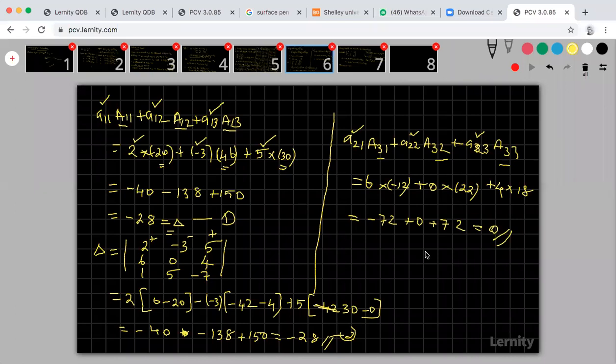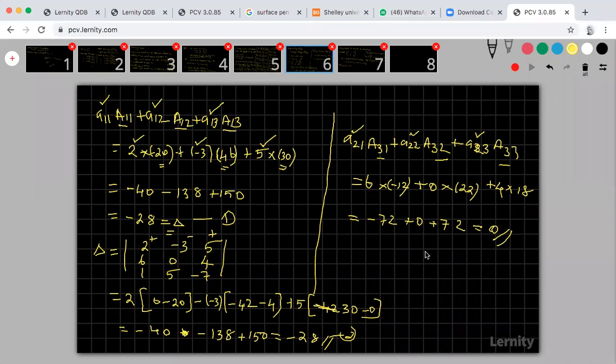Two important points. The sum of the products of the elements and their own cofactors gives the value of the determinant. The sum of the products of the elements with other row cofactors or other column cofactors is 0.